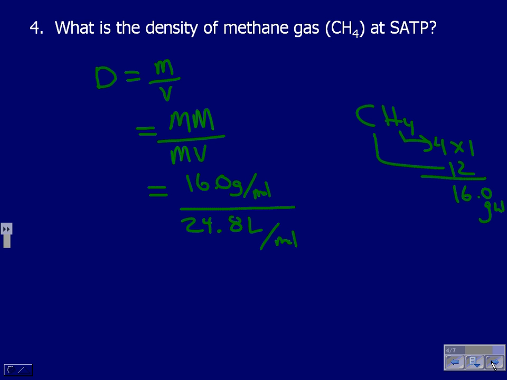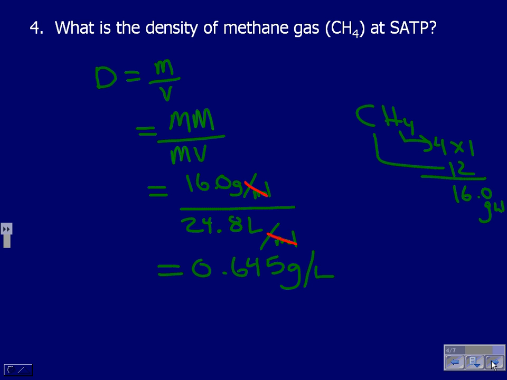If you cancel out the per mole, you have units of grams per liter. That's a mass in a volume unit. That is a density value. Nick? 0.645 grams per liter. That's not a large density in any way.